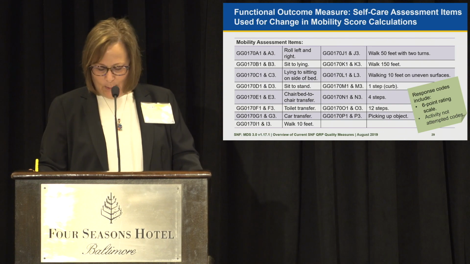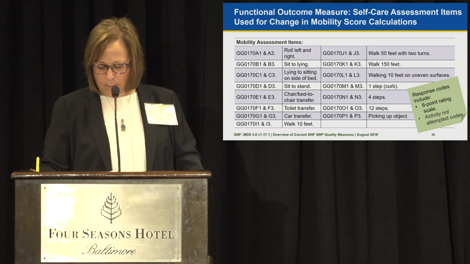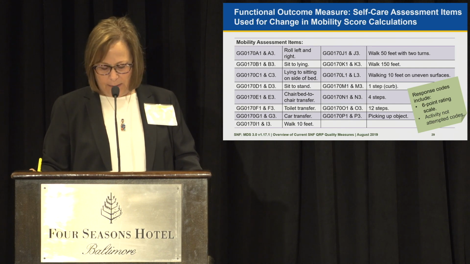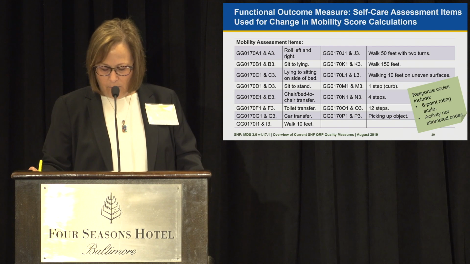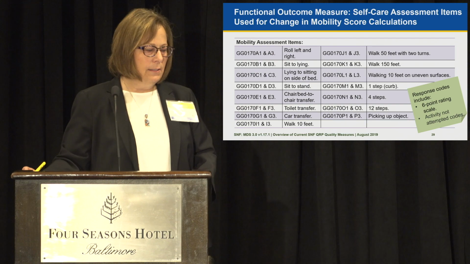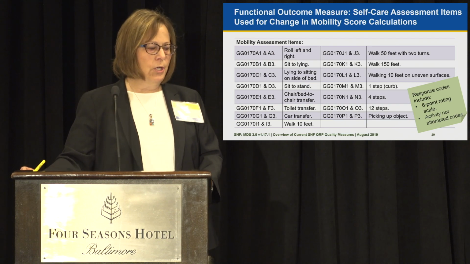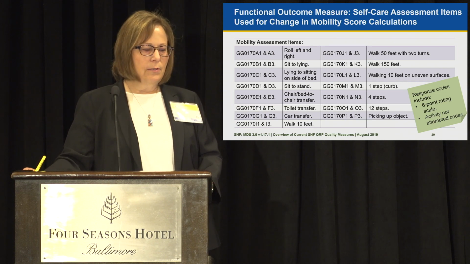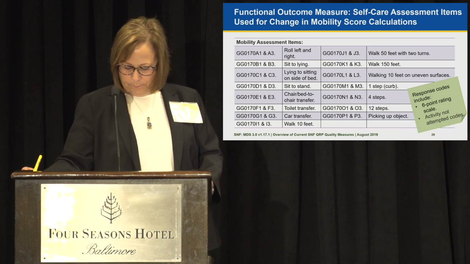The mobility change score uses 15 Section GG admission and discharge performance items, again from the PPS 5-day and PPS discharge. They are roll left and right, sit to lying, lying to sitting on the side of the bed, sit to stand, chair, bed to chair transfer, toilet transfer, car transfer, walk 10 feet, walk 50 feet with 2 turns, walk 150 feet, walk 10 feet on uneven surfaces, 1-step curb, 4 steps, 12 steps, and picking up object.